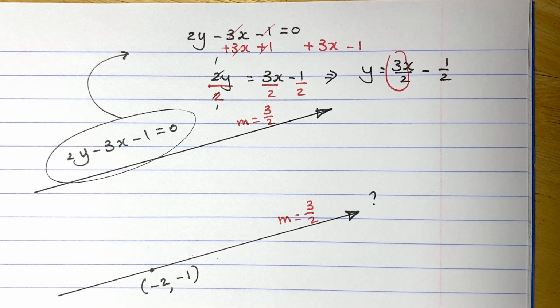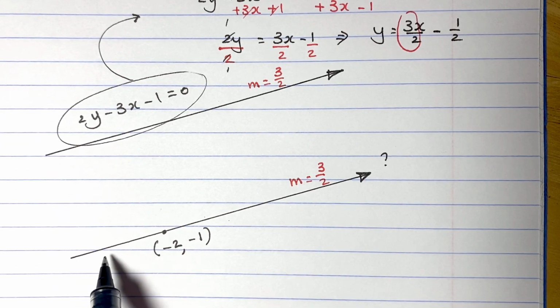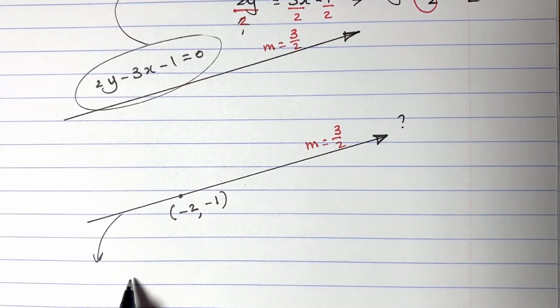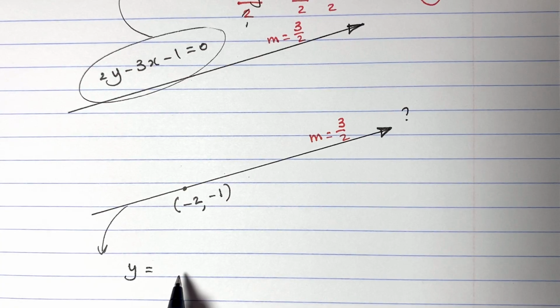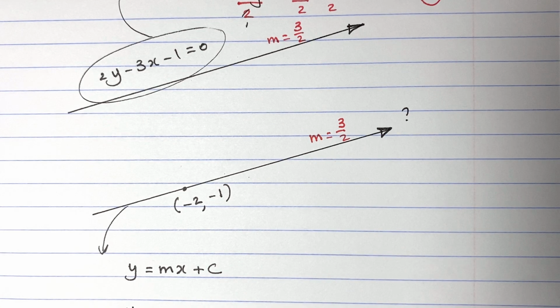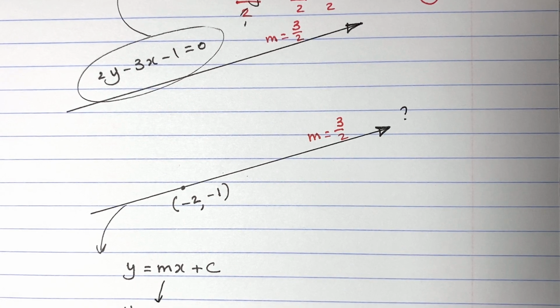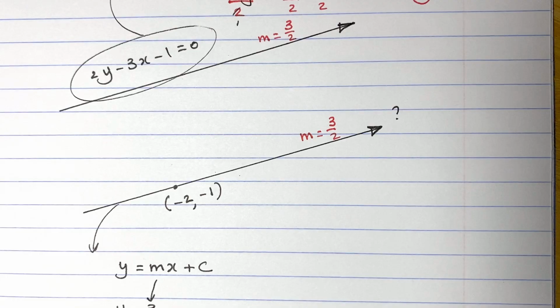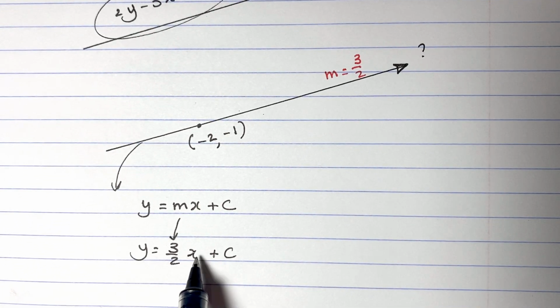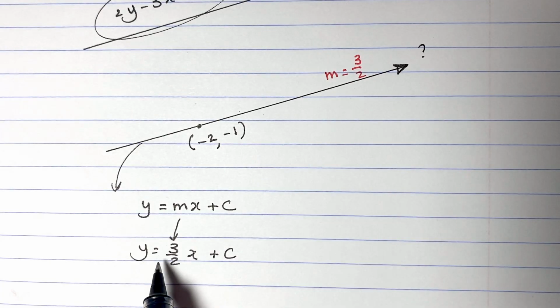Let's go and write the equation of this line now. The equation of this line is y equals mx plus c. But m is 3 over 2, so I just replace m as 3 over 2: y equals 3 over 2 x plus c.